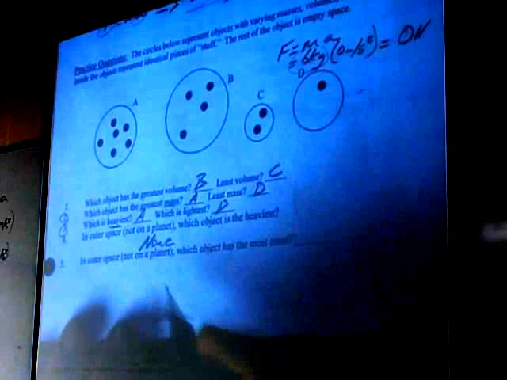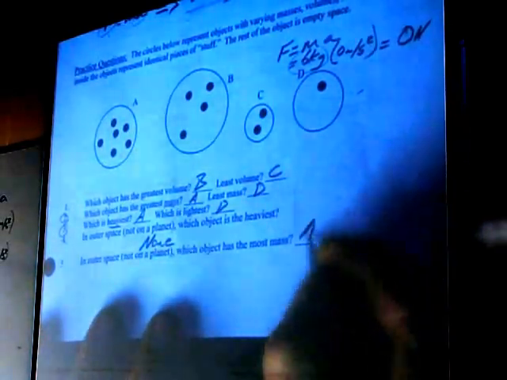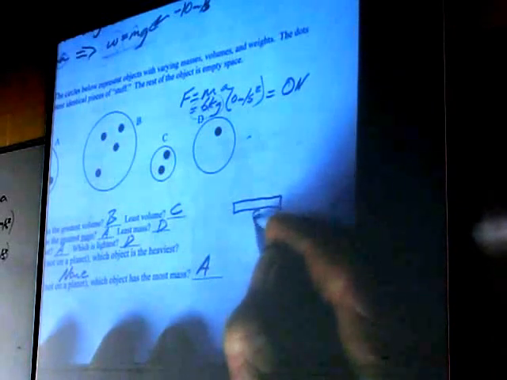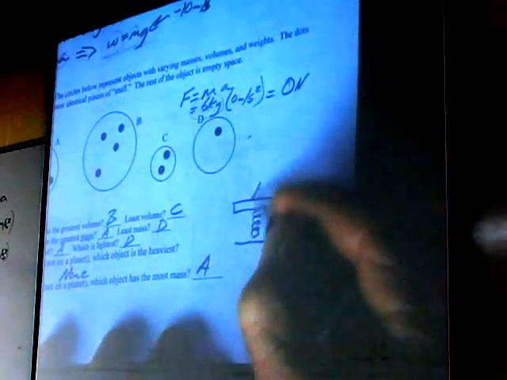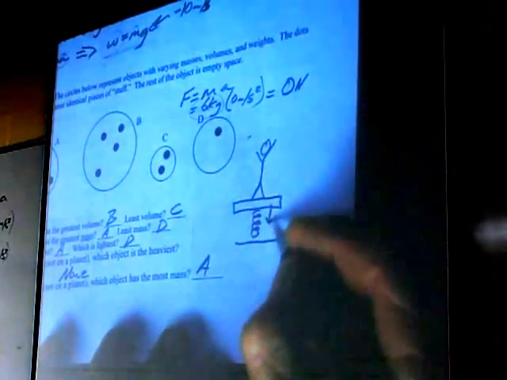Number 5, in outer space, which one has the most mass? A. Now, I'm only drawing this because I kind of opened my mouth when I shouldn't have. The way scales work, a lot of scales are like this. This is just a dumb example. Just imagine a spring underneath the platform, and if you stand on this spring, you can see how much you push the platform down.